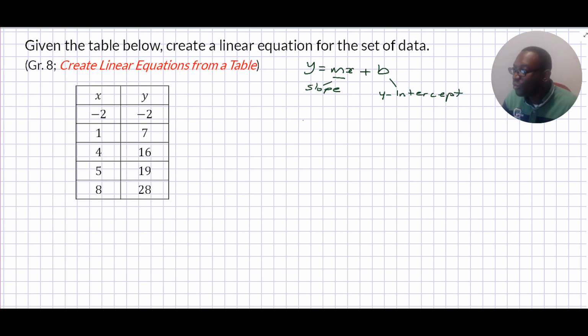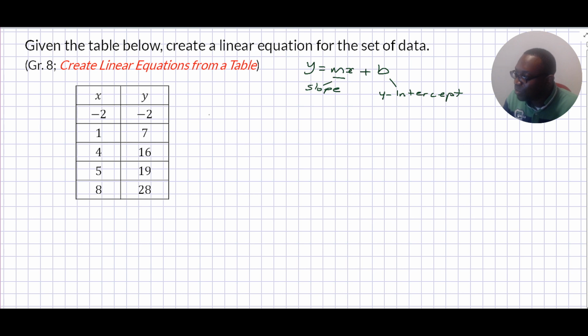The first thing we want to remember is that we're trying to create an equation in the form y equal to mx plus b. In this case, we don't have an intercept. Remember that your y-intercept is going to be the value when x is equal to 0. So purposefully, that point is not on this table.